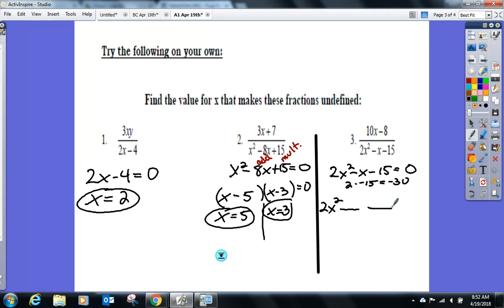Now you take this trinomial, 2x squared, and you break that middle term up into 2 terms. Remember the blanks? -15 stays the same. What are you guys looking for now to fill into those blanks? Numbers that multiply to -30 but add to -1.